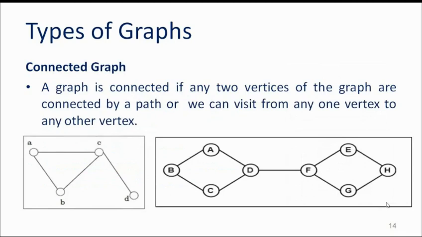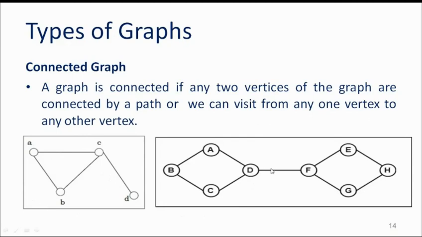Connected graph. A graph is connected if any two vertices of the graph are connected by a path, or we can visit from any vertex to any other vertex. So there should not be any disconnection. For example, if you remove the edge from C to D, this graph is disconnected and forms two subgraphs.